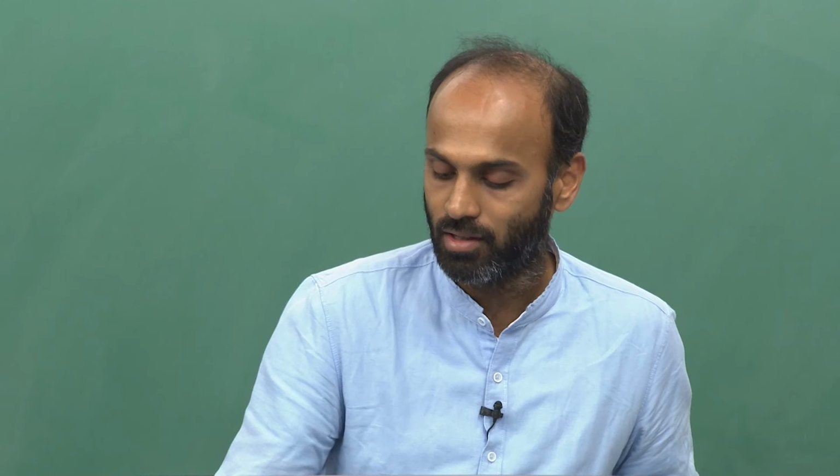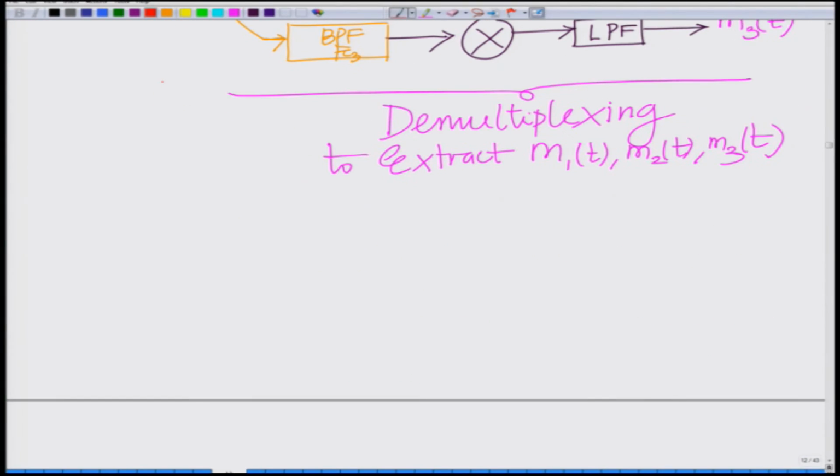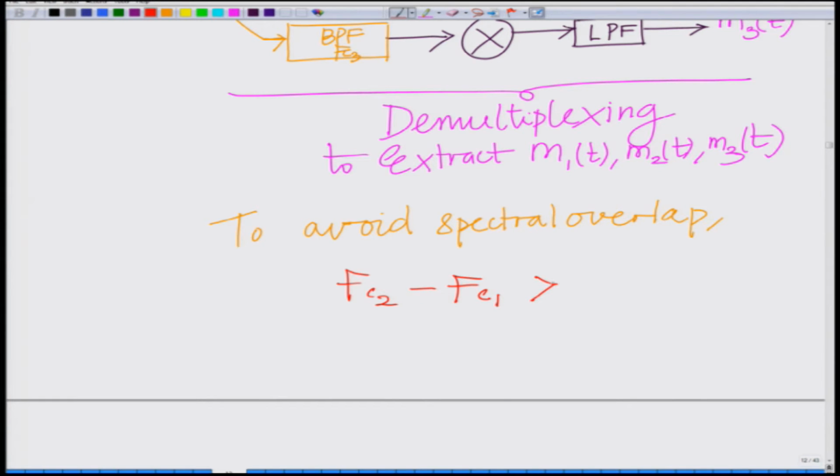So, to avoid overlap, the condition in FDM is that we must have FC2 minus FC1 greater than or equal to W1 plus W2.